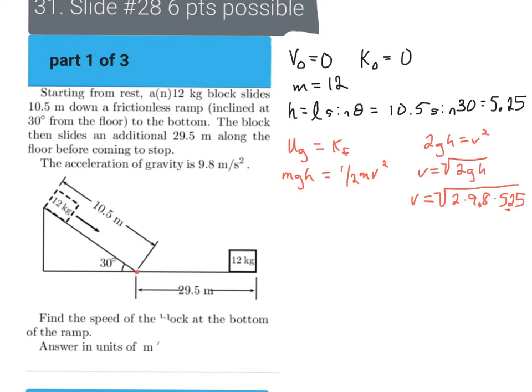Okay. So my velocity down at the bottom of the ramp will be 10.14. And that's our answer for part 1.